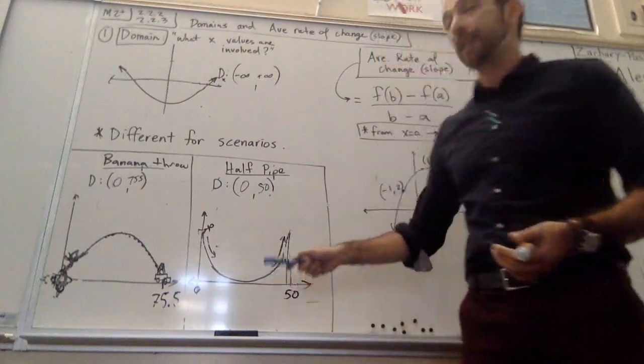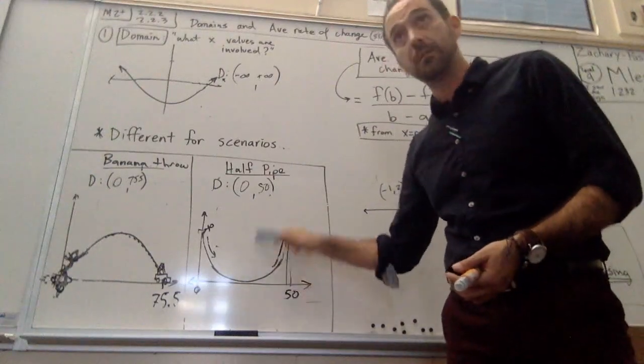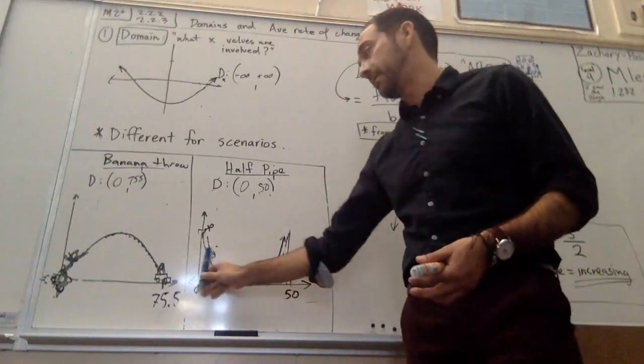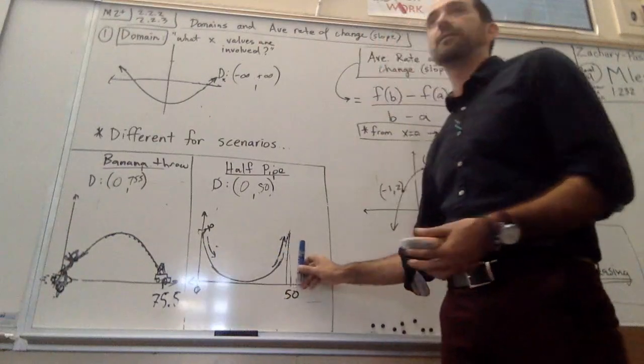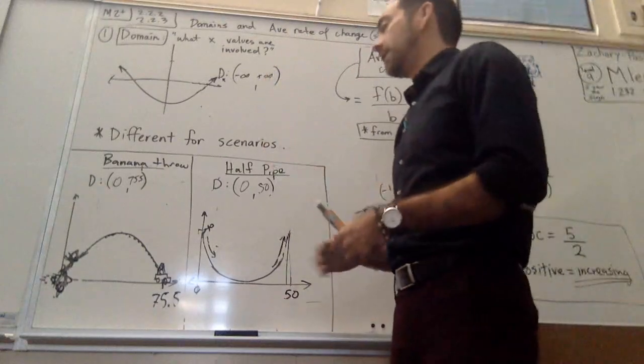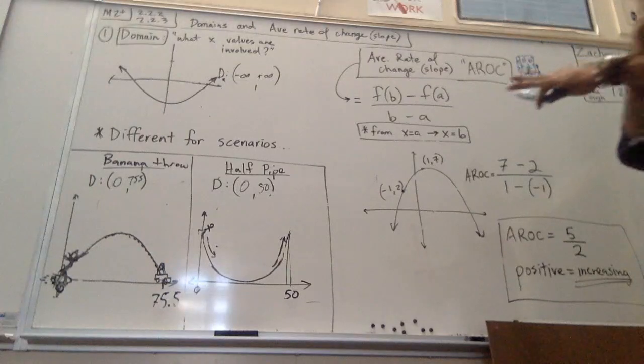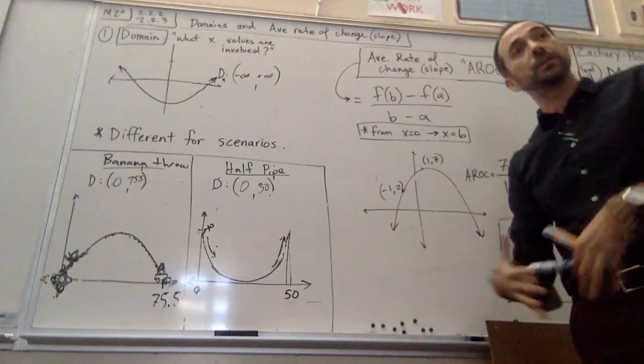If the person had designed the problem where this was my y-axis, right in the middle, then I would say it would have to be from negative 25 to positive 25 if it's the same distance for the half pipe. So look really close at where, if they give you a graph, you have to relate the domain to the graph and what information they're giving you.